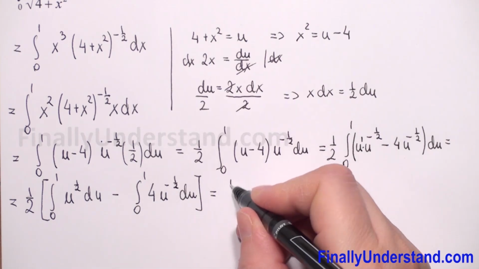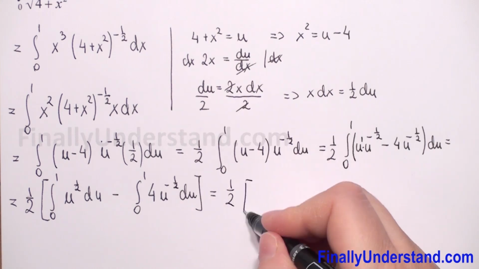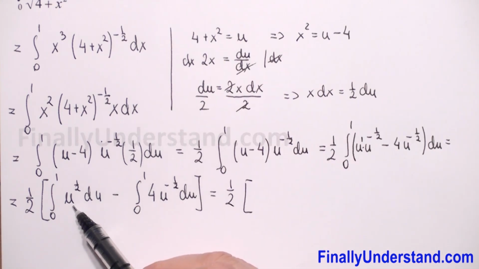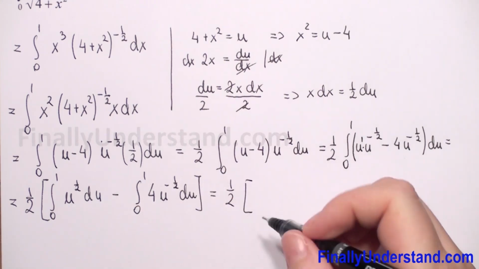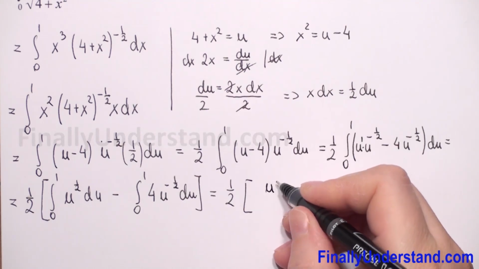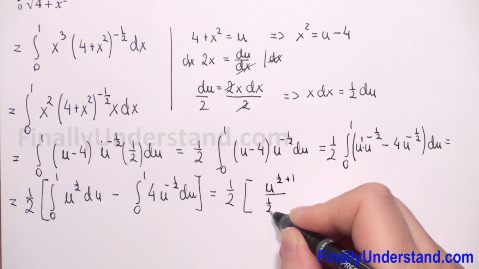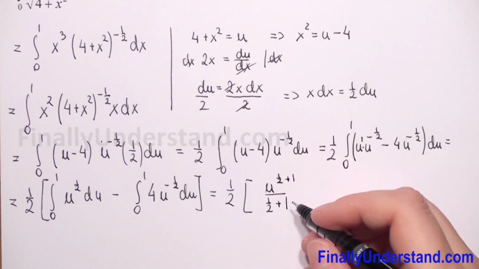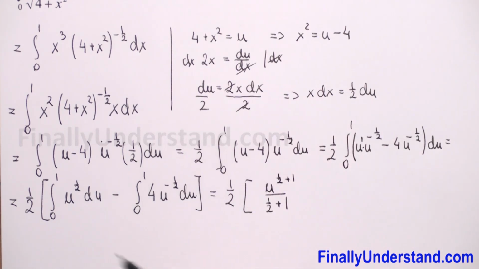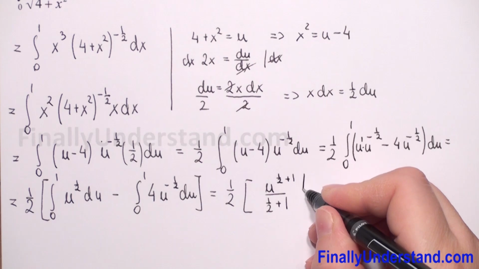This is equal. We have to copy 1/2, and in brackets we will have the integral of the power function, which is u to the power 1/2 plus 1 over 1/2 plus 1. We have a definite integral, so we need to put a vertical bar.